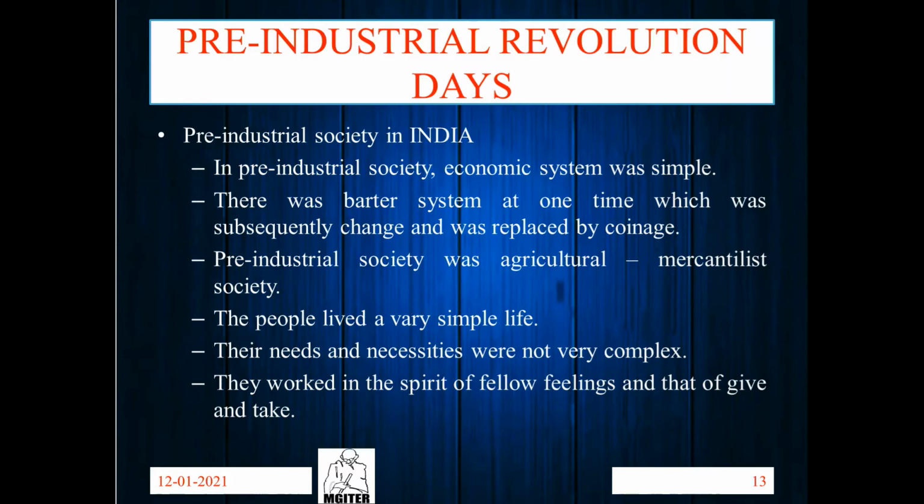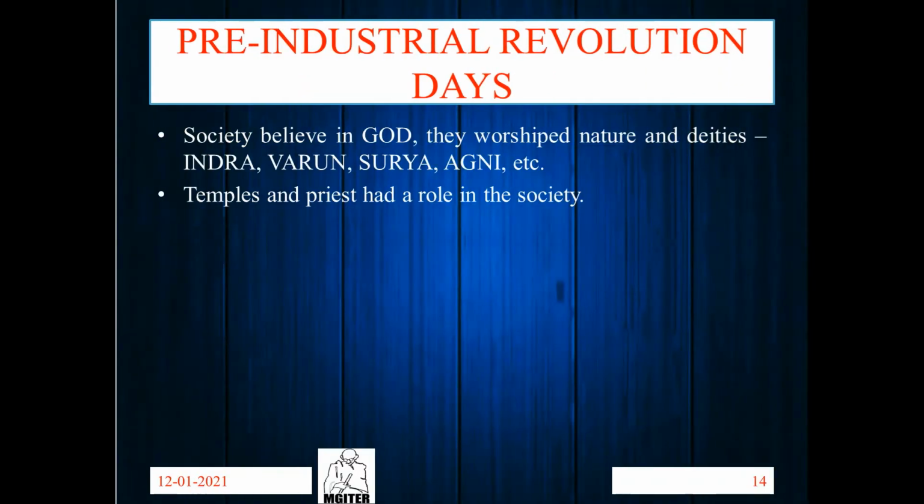Pre-industrial society was agricultural and mercantilistic. People lived a very simple life. Their needs and necessities were not very complex. They worked in a spirit of fellow feeling and of give and take. Society believed in gods like Indra, Varun, Surya and Agni, and worshipped nature.